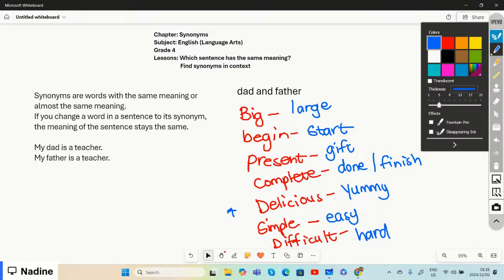The test was so simple, the test was so easy, but there were a few difficult or a few hard questions, right? So these are synonyms, right? Different words, but the meanings are the same, or almost the same as the other.